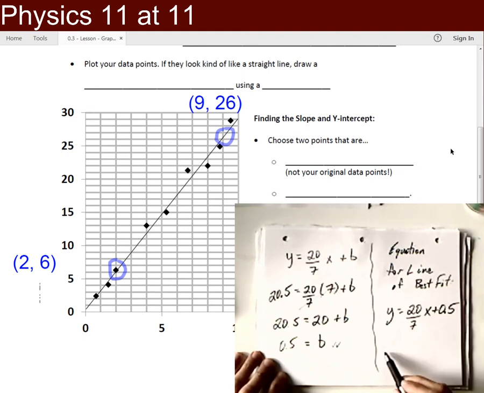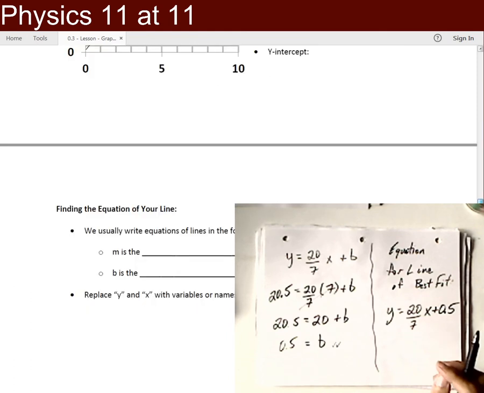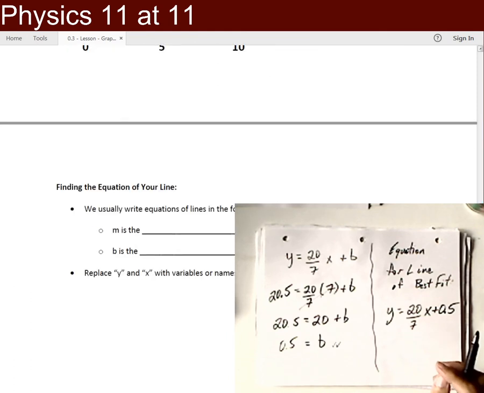Now, it's tempting to give one of these and sign it off as finished, but there's actually another thing that we can do. And that is the last thing here: replace y and x with variables or names that are more descriptive.